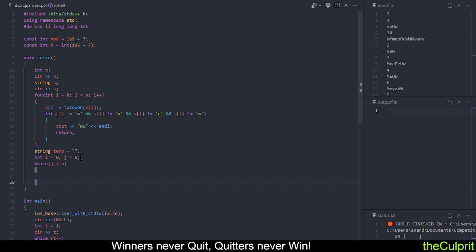Okay, I need to nest it. So while i is less than n, while j is less than n and s of j equals s of i, then I will increment j.